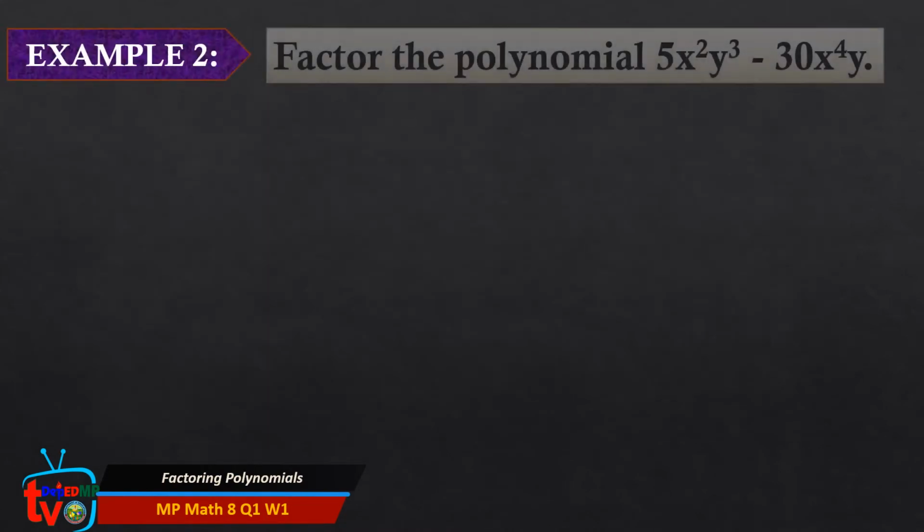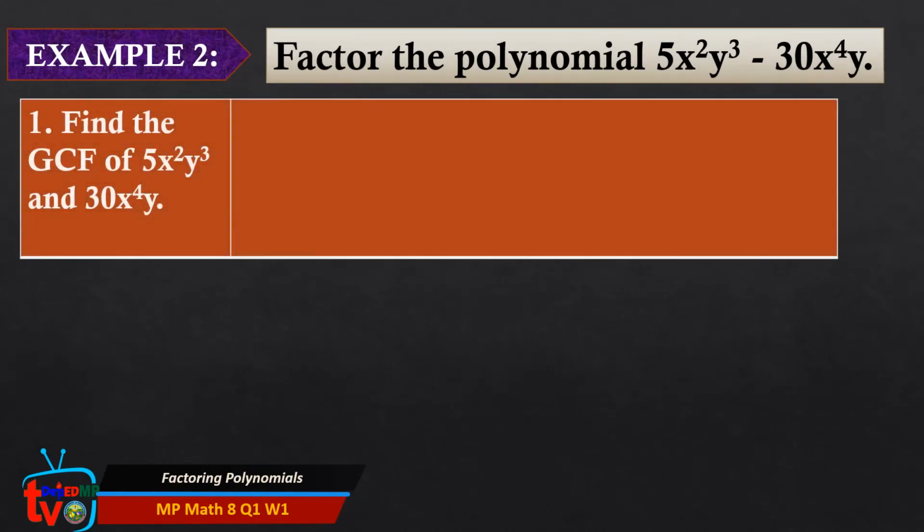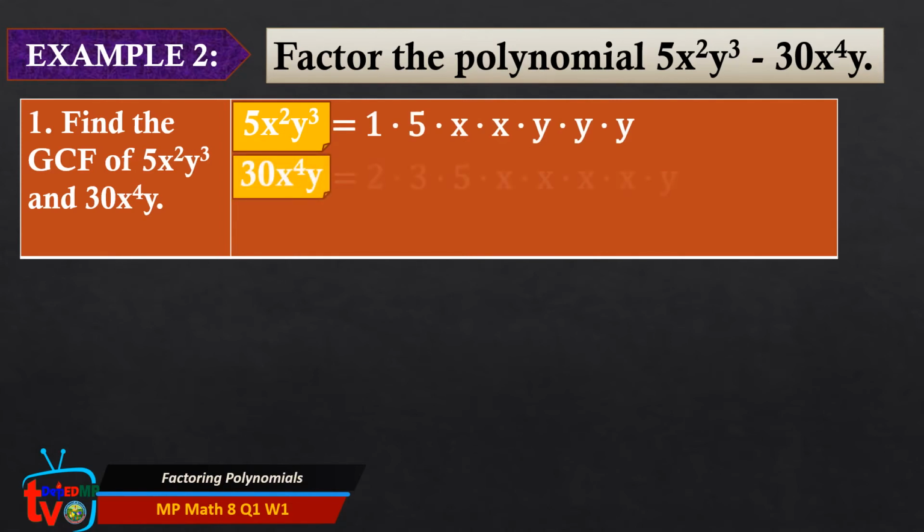Example 2. Factor the polynomial 5x squared y cubed minus 30x raised to 4 y. First step again, we are going to find the GCF of 5x squared y cubed and 30x raised to 4 y.